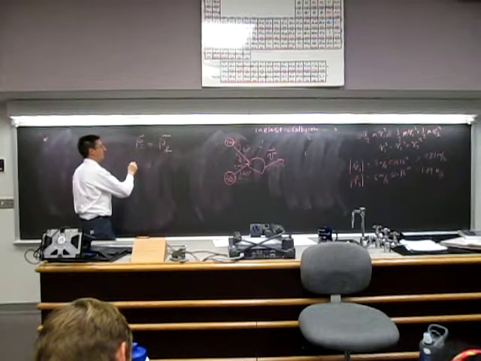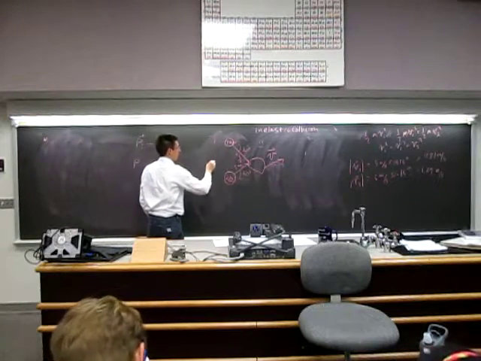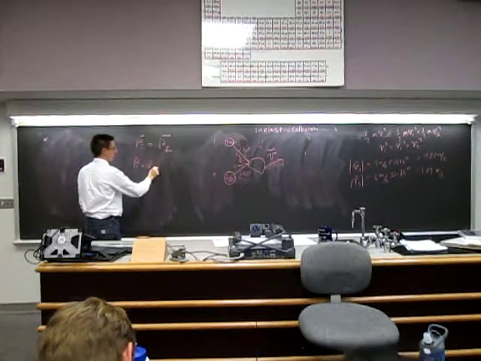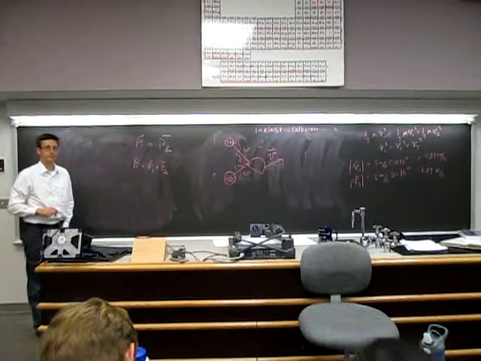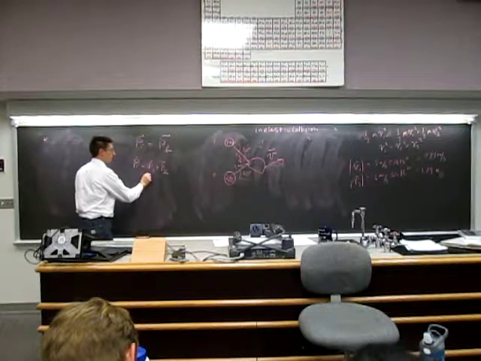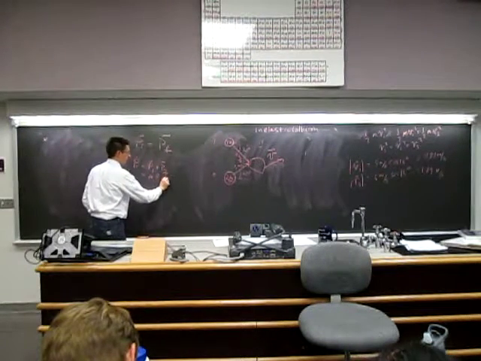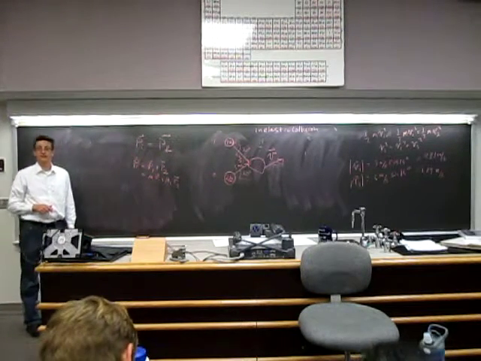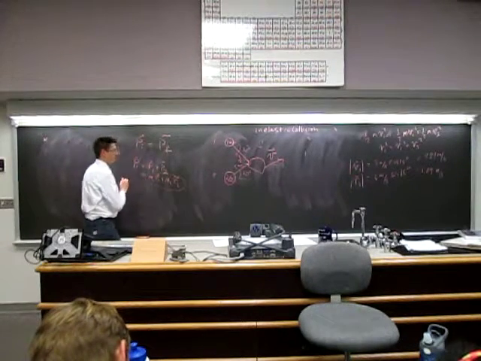So, let's figure out the initial momentum. I'm going to call these 1 and 2. The initial momentum would be the momentum of object 1 plus the momentum of object 2, which would be m1 v1 vector plus m2 v2 vector. All right, so I have to figure out what those are.